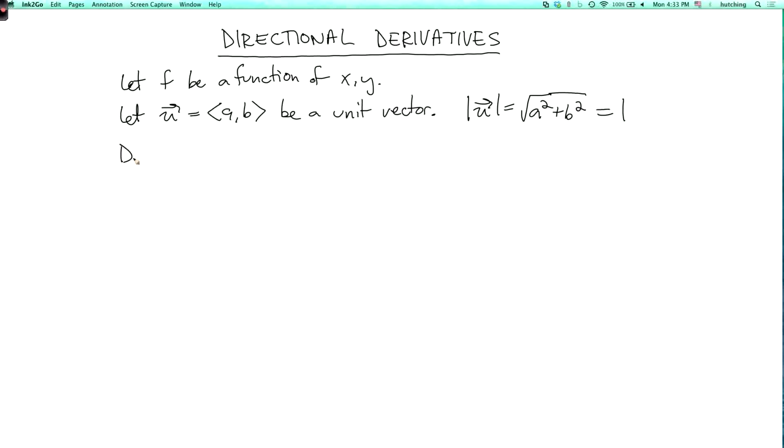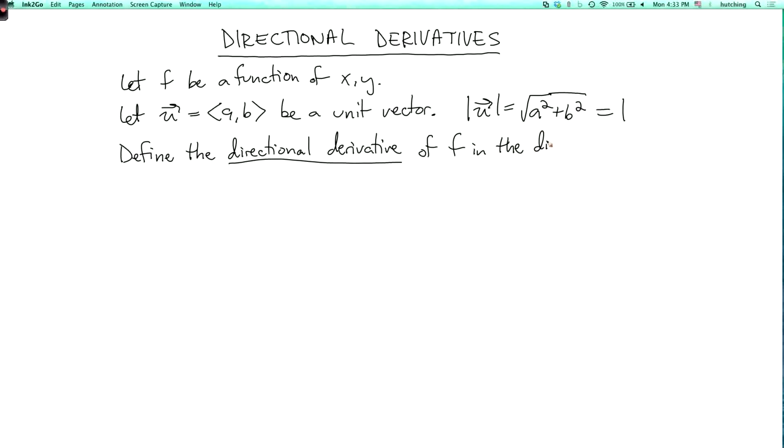And then we define the directional derivative of f in the direction u at a point, say, xy, by the equation D_u f of xy.